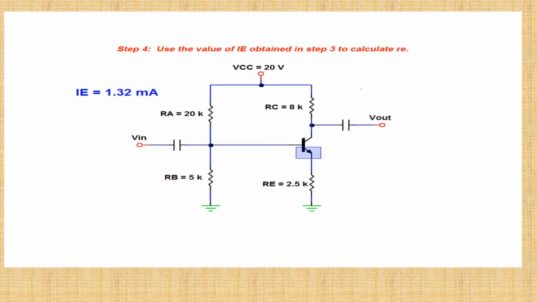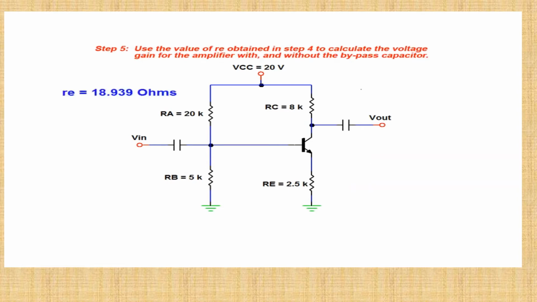The internal emitter resistance, re, varies with current and is approximated using a 25 millivolt voltage drop and the calculated value for emitter current. We once again employ Ohm's law and end up with an internal emitter resistance value of 18.939 ohms.